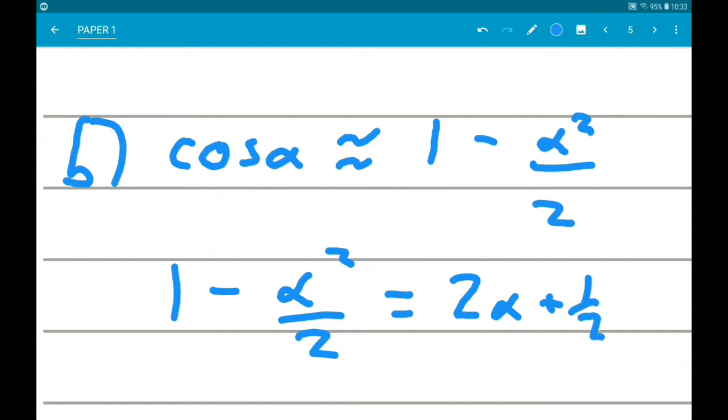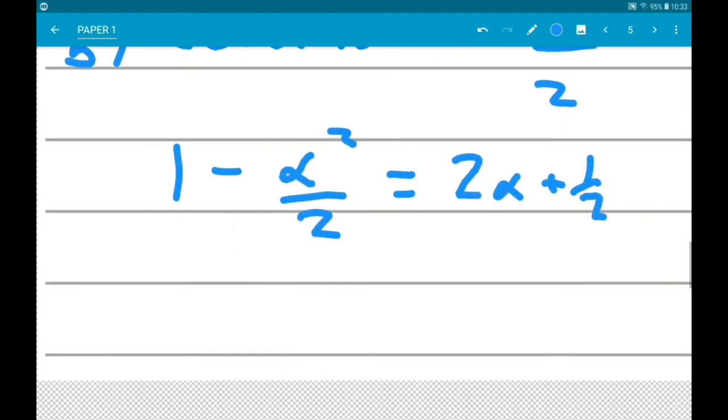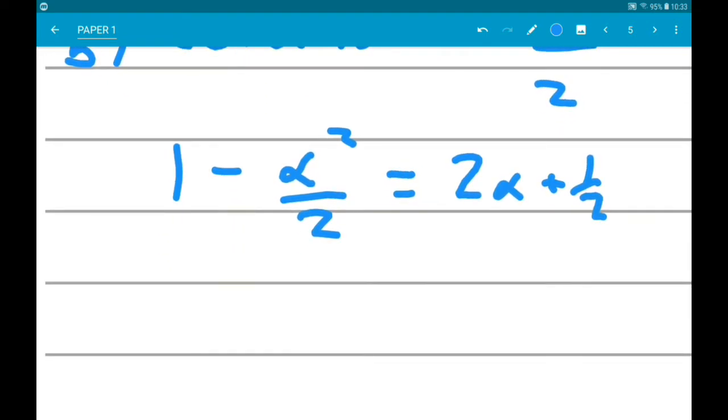Okay, multiply through by 2, we get 2 minus alpha squared is 4 alpha add 1.